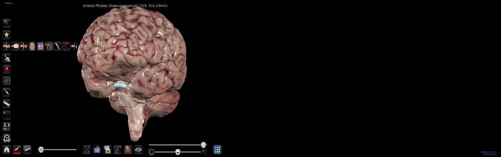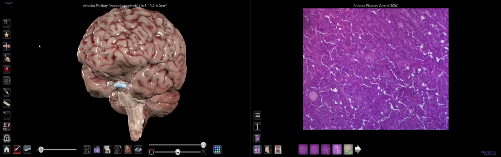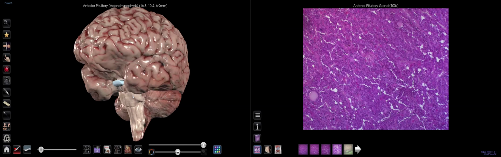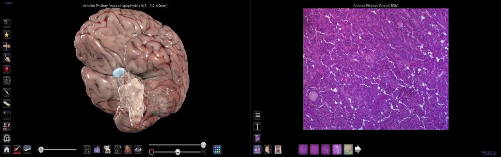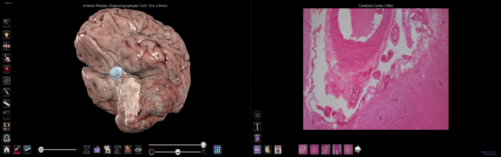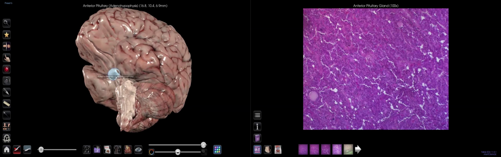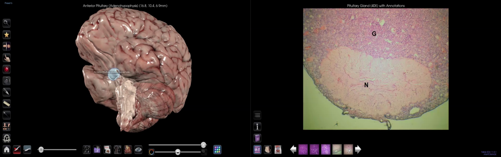I need to load up the histology real quick again. There you can see I've clicked on the anterior pituitary, so I've got that selected. You can kind of see the posterior pituitary, but it's hard to click, so I'm just going to go with the anterior pituitary here.